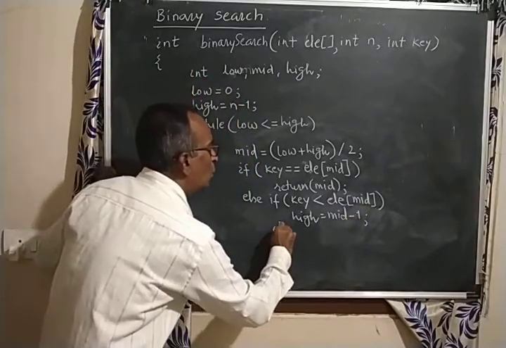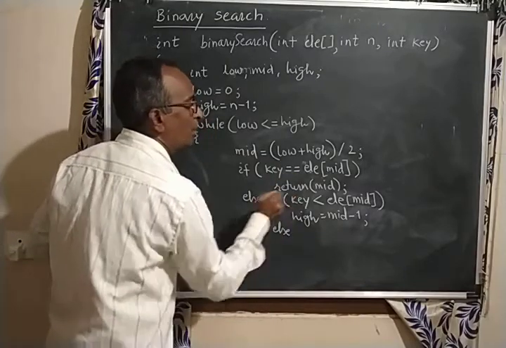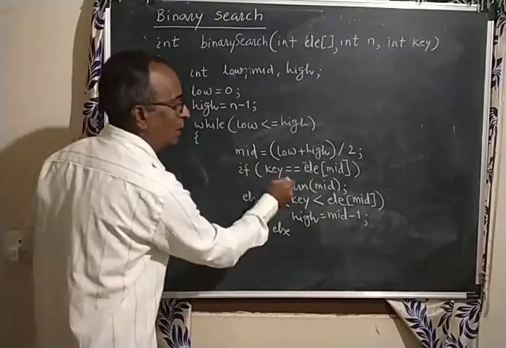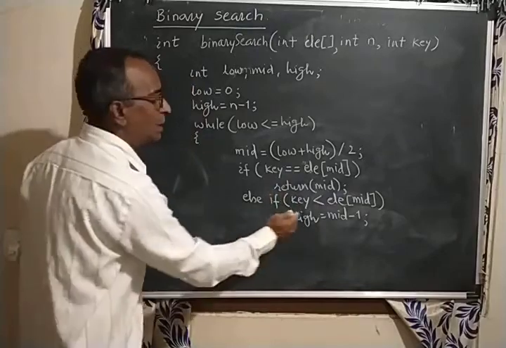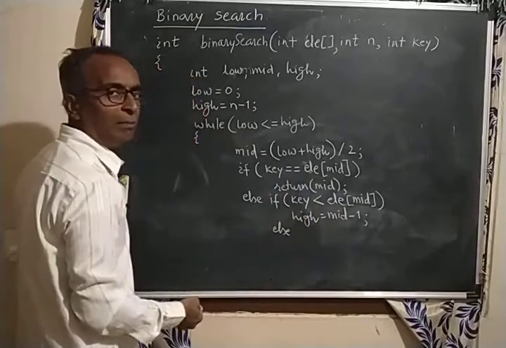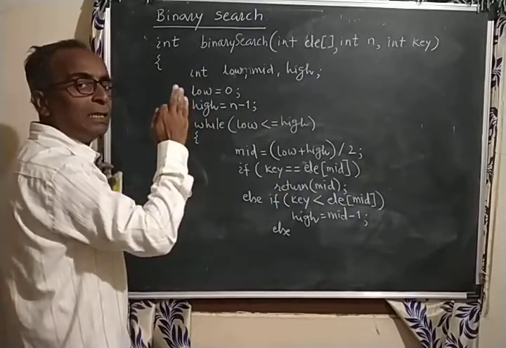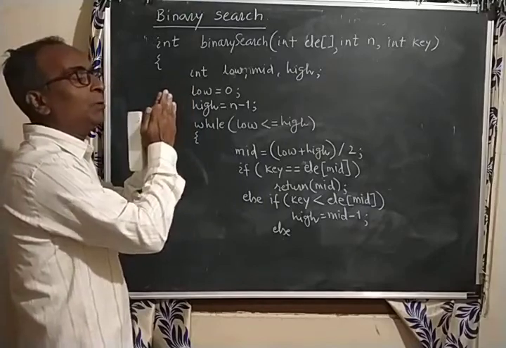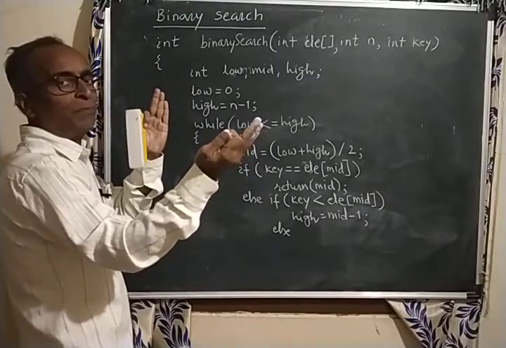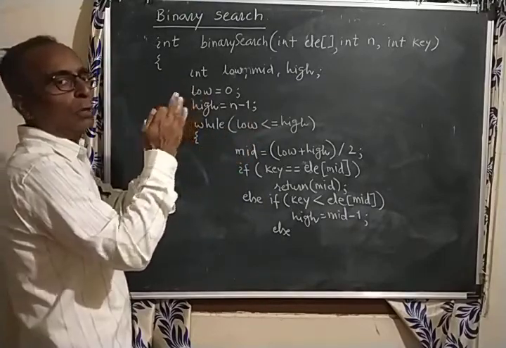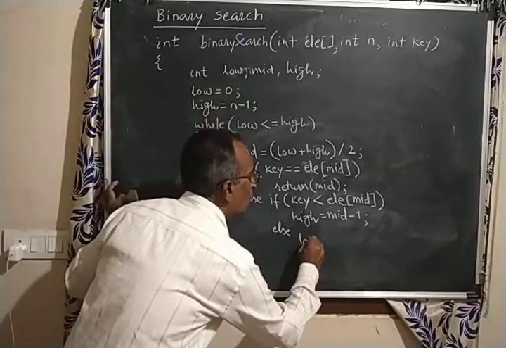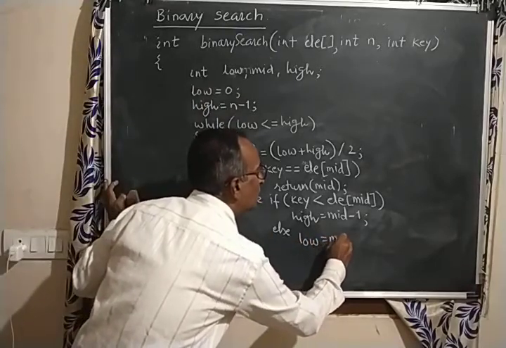Else, if these two conditions are false, it means key is greater than the mid element. When key is greater than the mid element, it will be towards the right hand side sublist. So you have to change low to mid plus 1.